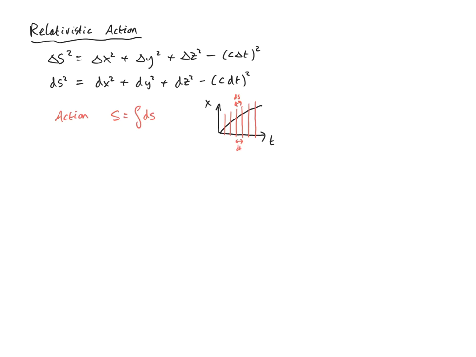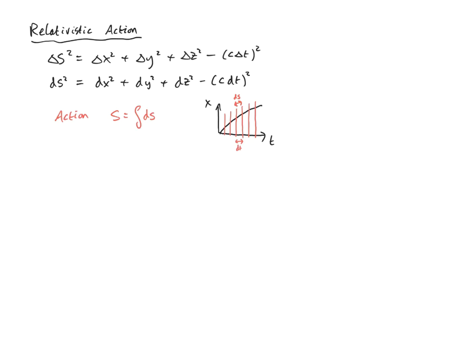So we cannot use directly ds squared as a relativistic action because this is not linear. It would mean that as we reduce the time step, the contribution from each component would get smaller and smaller and smaller. What we need to do is to get the total action to sum up ds, not ds squared.